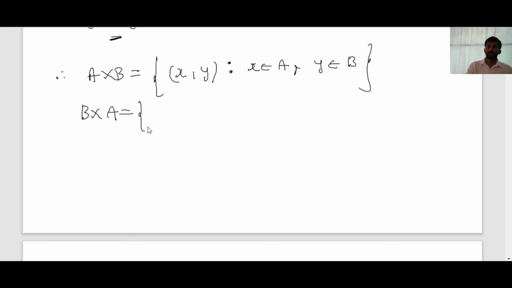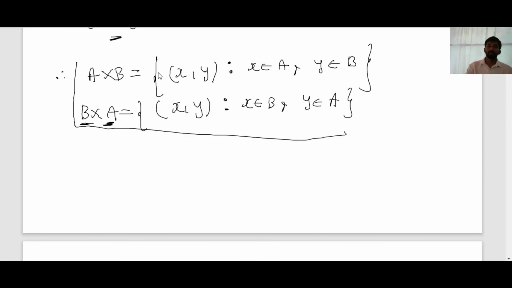B cross A is equal to set of all ordered pairs (x, y), such that x belongs to where? Here you are writing B cross A, right? First element belongs to the first set, that is B, and y belongs to, what's the second set? Second set is equal to A. Okay, you are collecting ordered pairs in some order. Okay, then we called it as Cartesian product of two non-empty sets A and B.